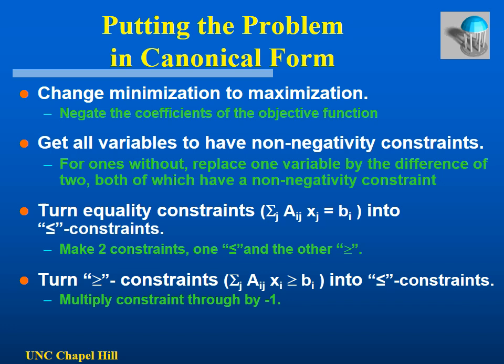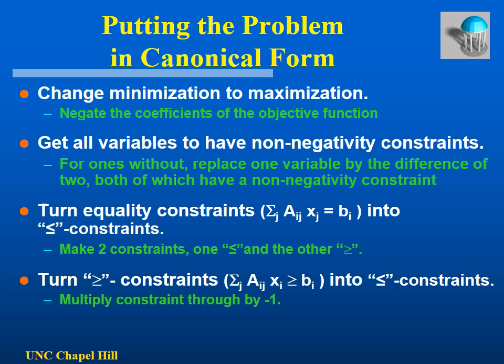One of the form a sub i transpose x is greater than or equal to the specified value, and the other, a sub i transpose x is less than or equal to the specified value. And having done that, we have no more equality constraints, only less than or equal and greater than or equal.